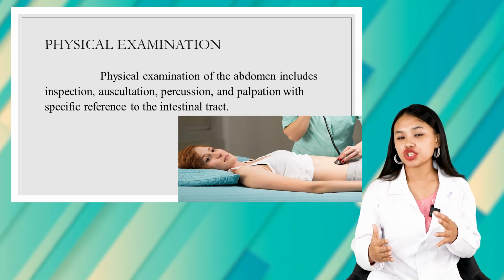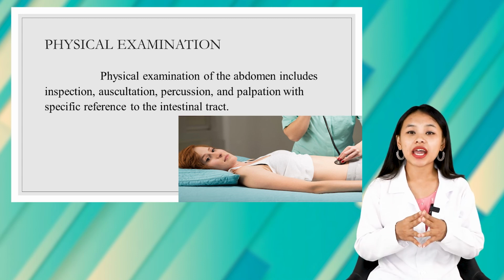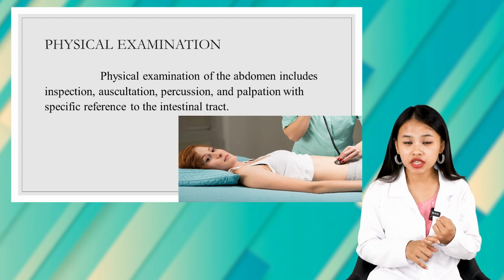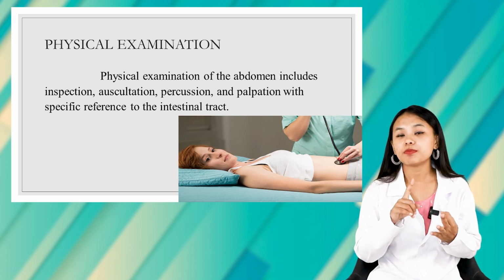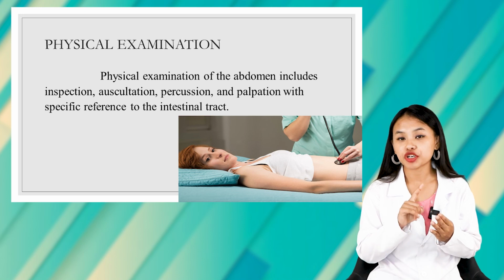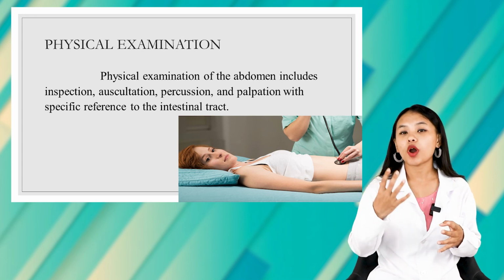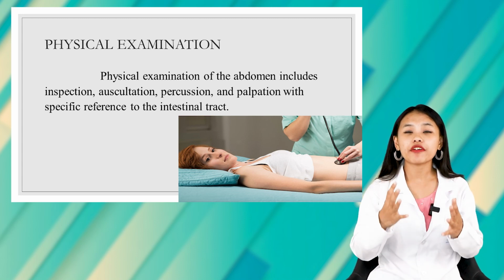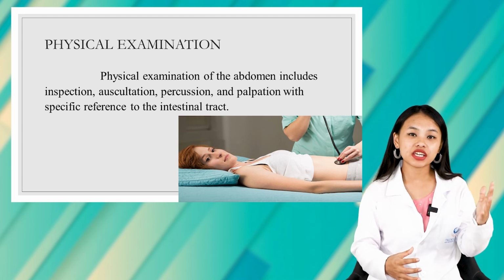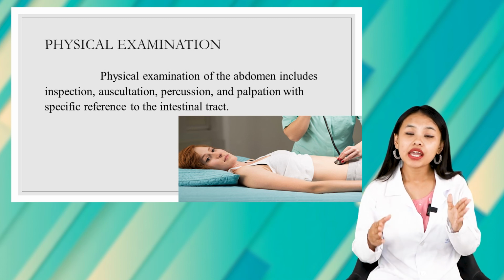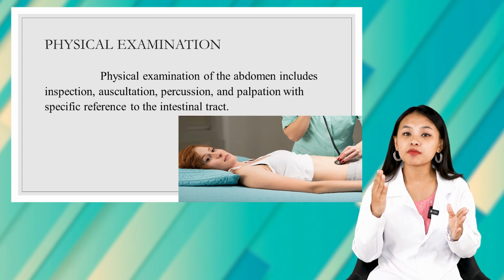Examination of the abdomen can include inspection, auscultation, palpation, and percussion. However, it is preferable that auscultation be done before palpation, as palpation can alter the peristalsis.